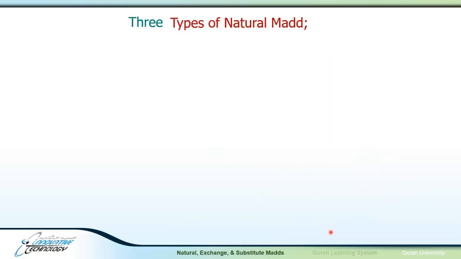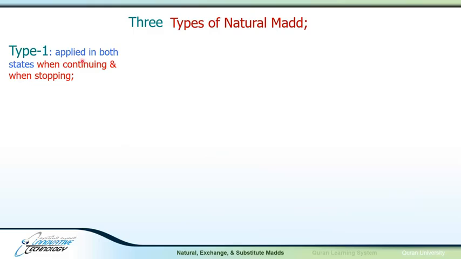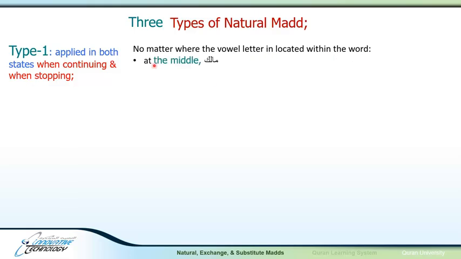Now there are 3 types of med. The first is when we apply the natural med both in continuation and in stopping status. No matter where the vowel is located in the word, it can be in the middle, like in maliki, as in maliki yawmiddin, or in yusikum, as in yusikumullah, the waw here, and another vowel, the ya, in the same word, in the middle.